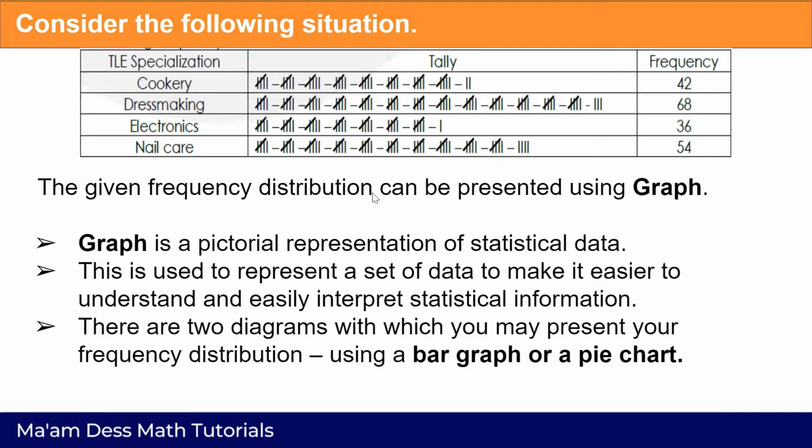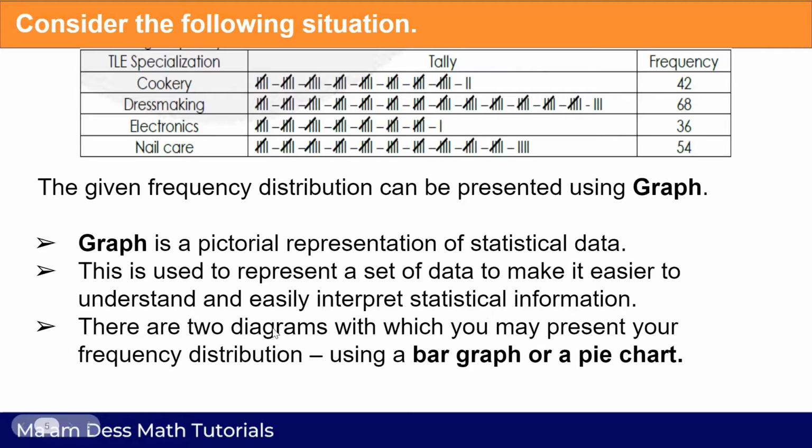The given frequency distribution can be presented using a graph. What do you mean by graph? A graph is a pictorial representation of statistical data. This is used to represent a set of data to make it easier to understand and easily interpret statistical information.